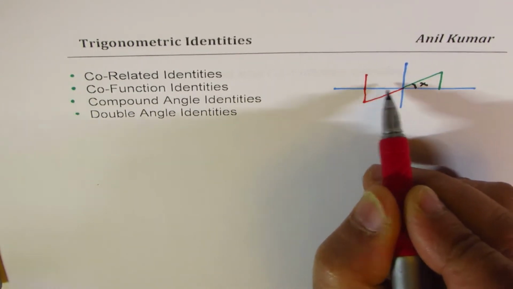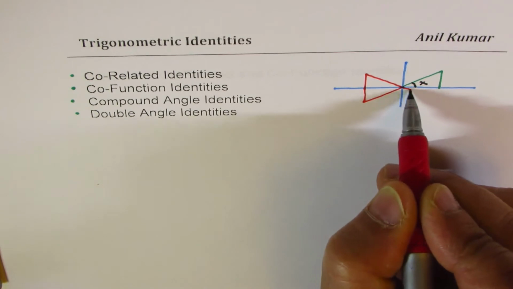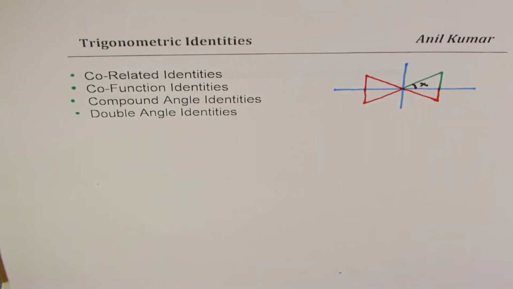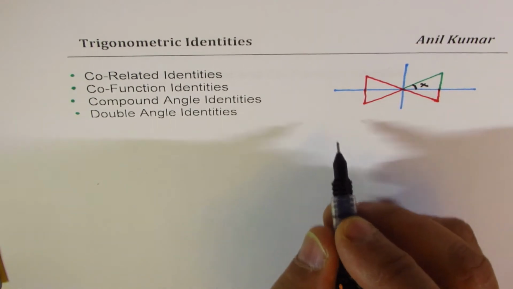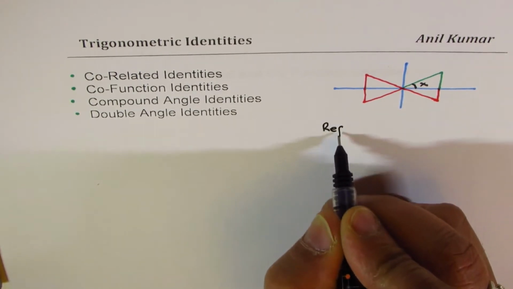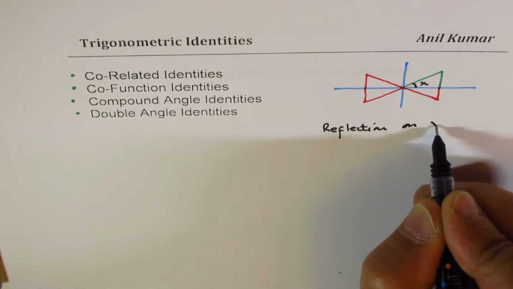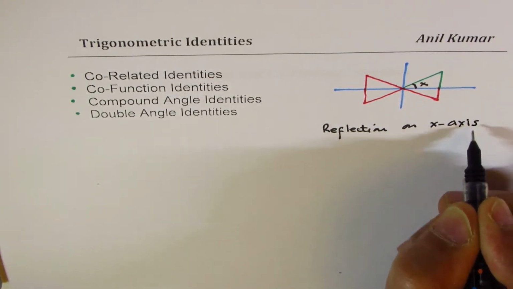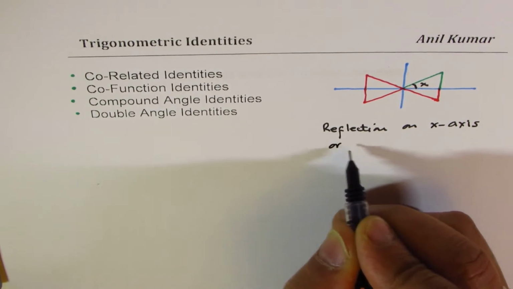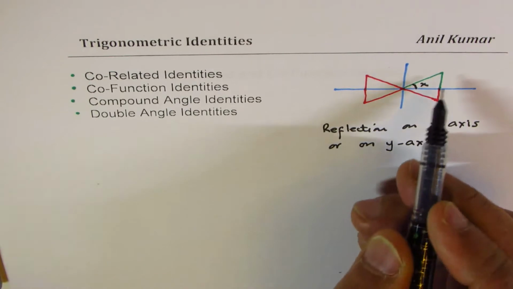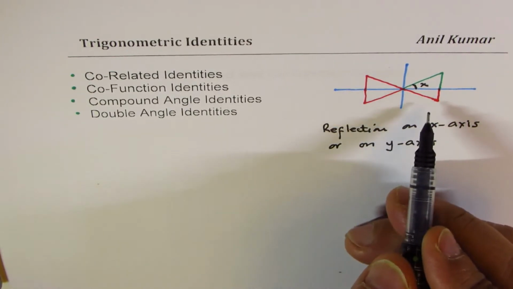Do you see that? All these triangles, their orientation is almost similar. They're only reflected on the x-axis or the y-axis. So where we have reflection on the x-axis or on the y-axis, you may get triangles shown here.